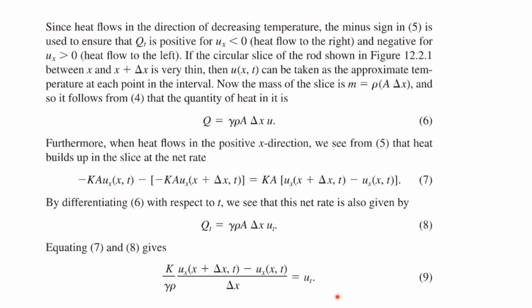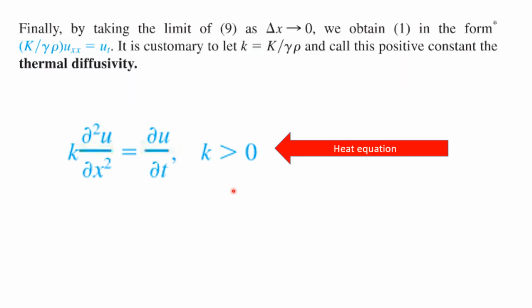And now what we can do is we're going to say u_t doesn't depend on x, so I can take the limit as delta x goes to 0 of this left-hand side. And when I do that, I get this constant times u_xx, that's u, the second partial with respect to x, is equal to u_t. And it's customary to let small k equal capital K over those constants, and that's the thermal diffusivity. And now we have generated the heat equation.